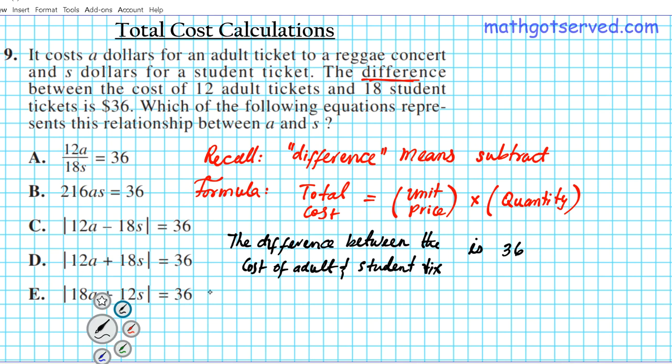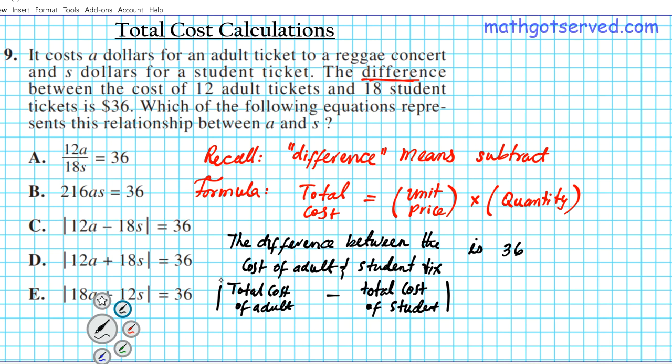In order to do that, we're going to be looking at the absolute value of the total cost of adult tickets, and we're going to be subtracting the total cost of student tickets. We're using the absolute value operation here because we don't know which is bigger.